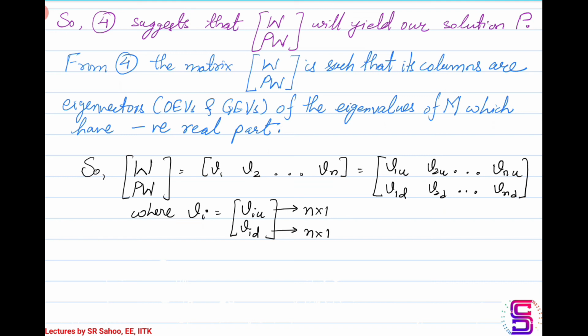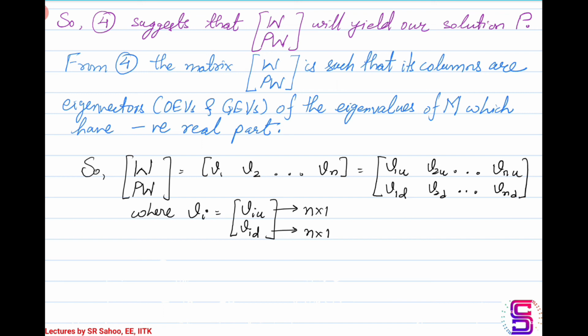Now the size of WPW is 2n cross n, so there are n columns and 2n rows, so each vector is of the size 2n cross 1. I'll divide each of these vectors into two n cross 1 components. So v1 I'll represent with v1u and v1d, similarly v2 with v2u and v2d, and so on. Why am I doing this?